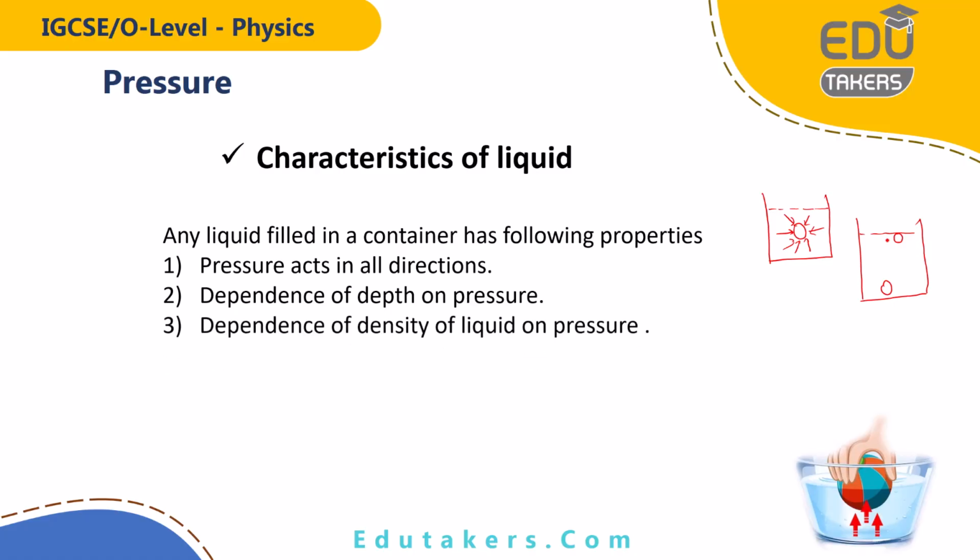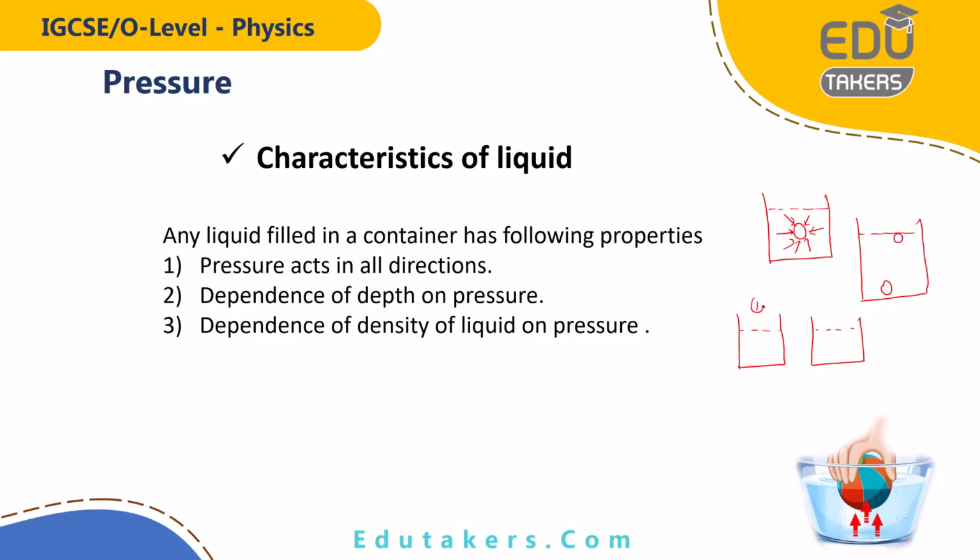Next, we have to see the dependence of the density of the liquid on pressure. The pressure of the liquid also depends upon the density of the liquid which is filled in the container. If I suppose that I have two containers and these are filled with the liquid.